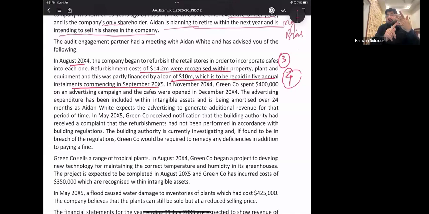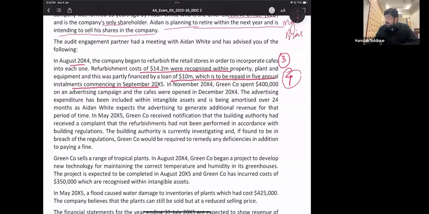That this loan needs to be split into current and non-current liabilities. And finance cost should be recognized correctly. The risk is that the split may not be accurate. So same copy paste answer you can do from the notes, that document over here. Just mention 10 million and 5 annual installments. Yes, that will work.